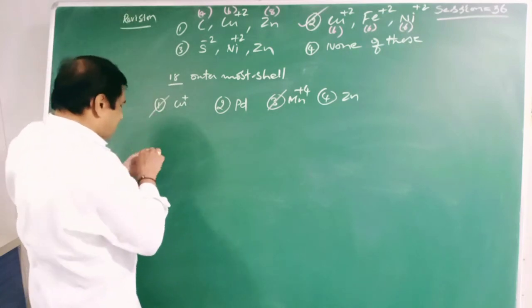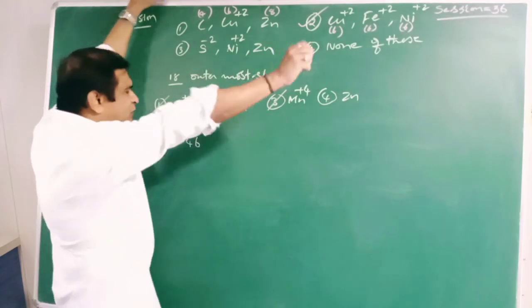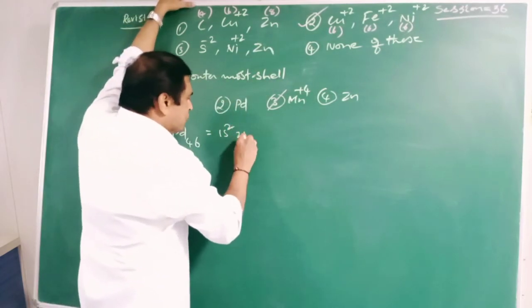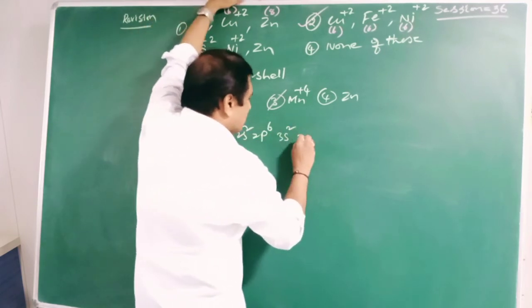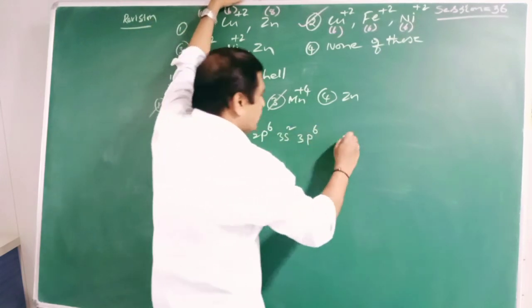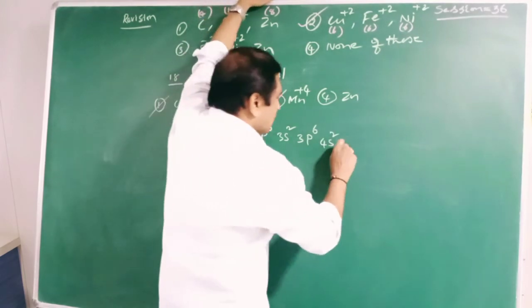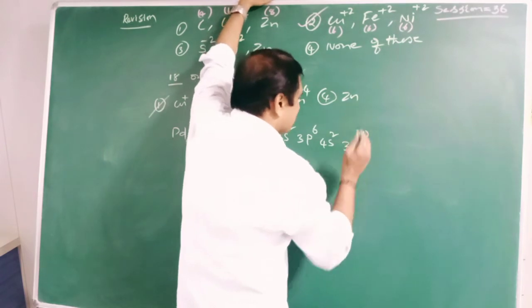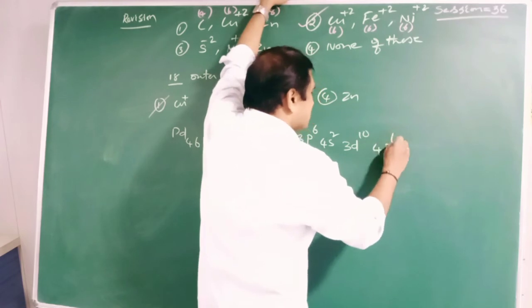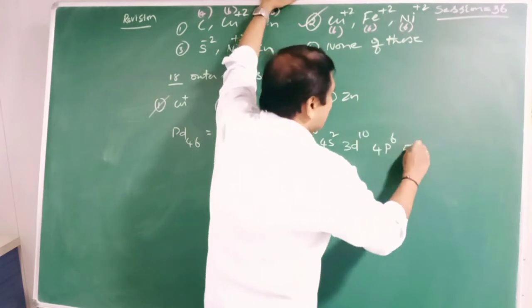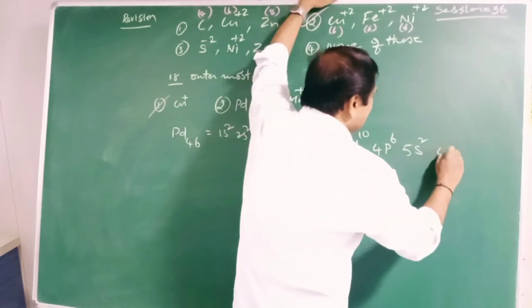Palladium atomic number 46: 1s2, 2s2, 2p6, 3s2, 3p6, 4s2, 3d10, 4p6, 5s2, 4d8.